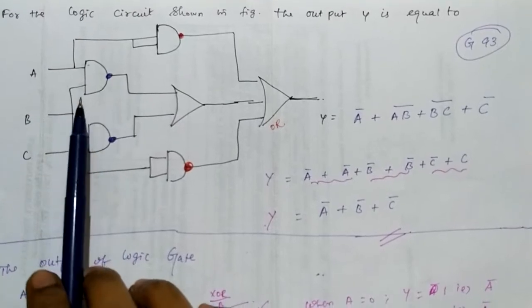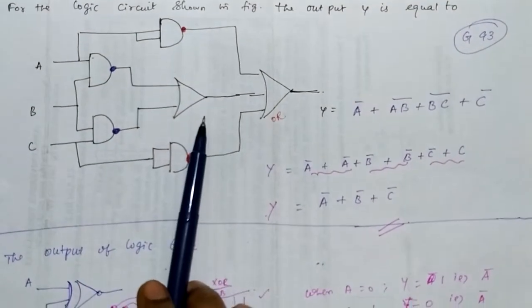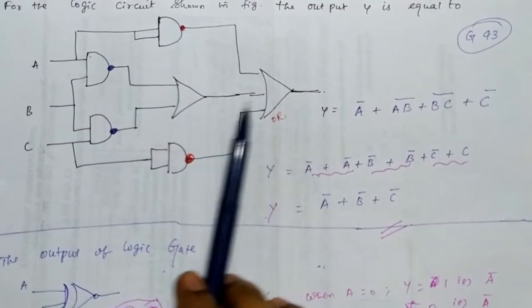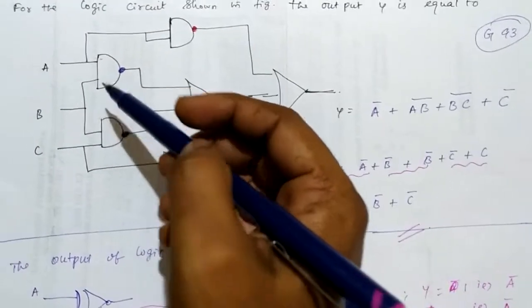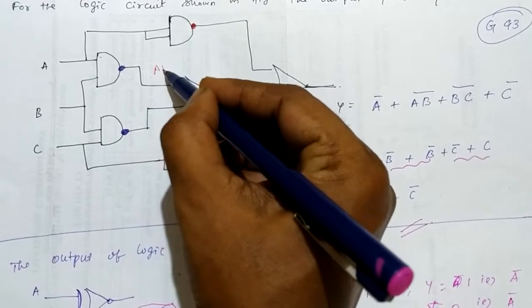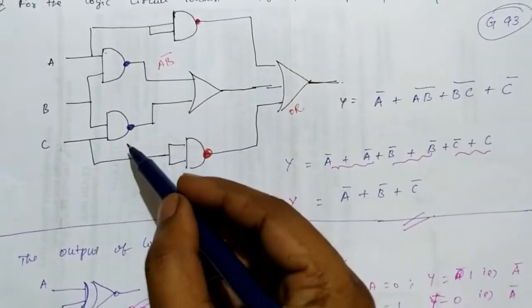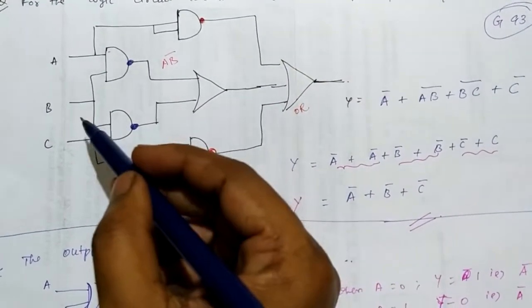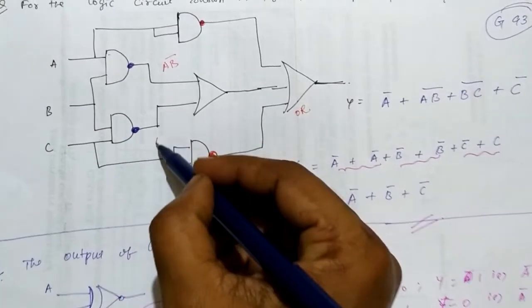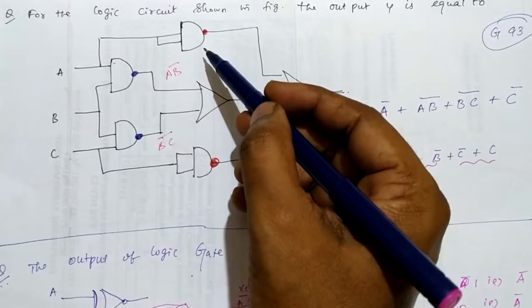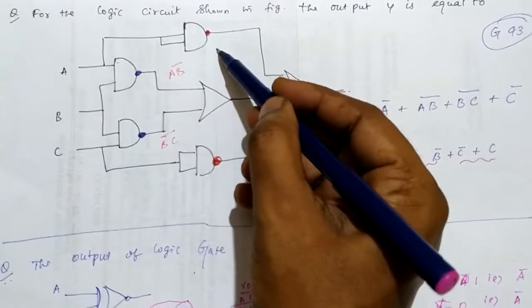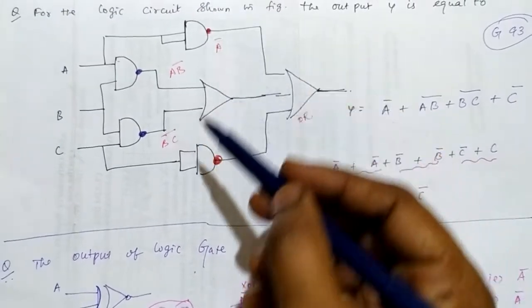Next problem. For the given circuit, what is the Y value? Here this is a NAND gate whose input is AB, so we have AB bar. This is also a NAND gate, so the input is B and C, so here we have BC bar. This is a NAND gate whose input is AA, so we have A bar in the output.